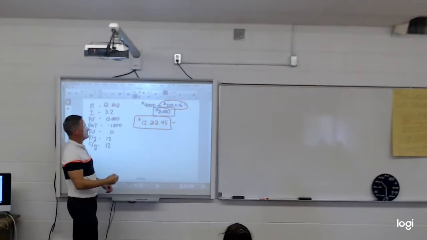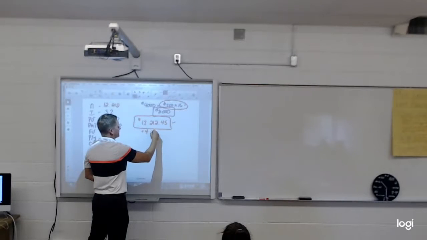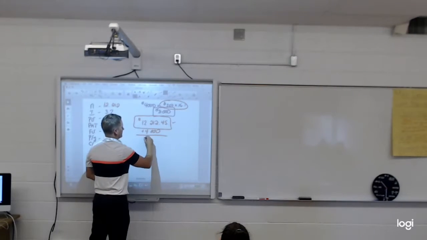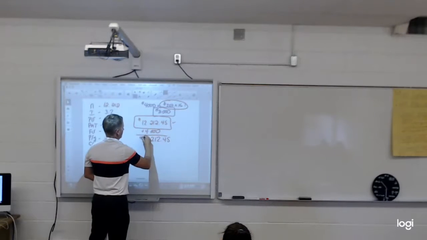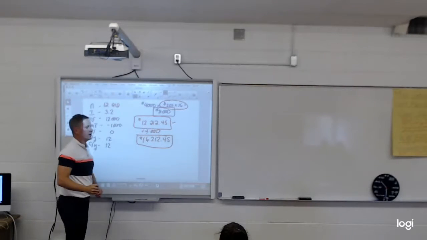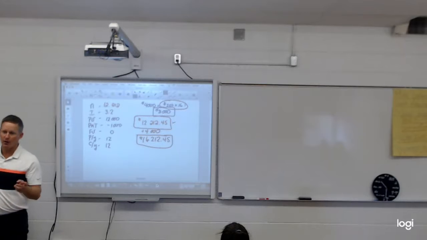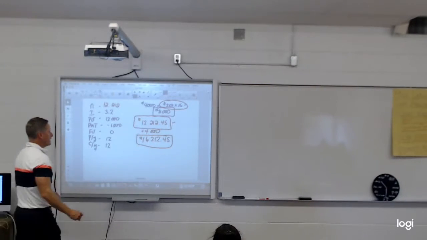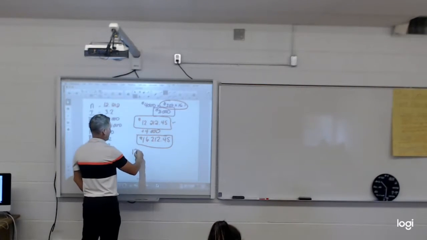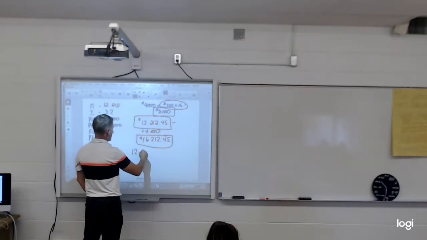But what they're saying is, well, it actually would cost her this. It would cost her $16,000 because of the $250 per week of gas and everything. So it would cost her $16,212.45. But let's find out what that vehicle is worth at the end of that. So let's go 12,000.